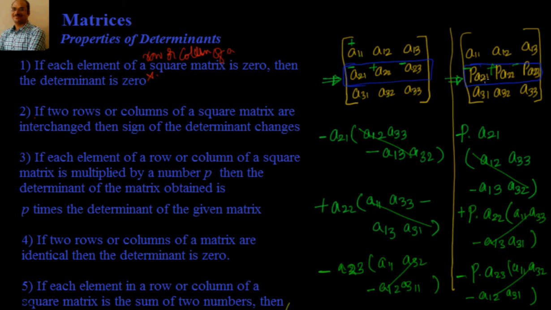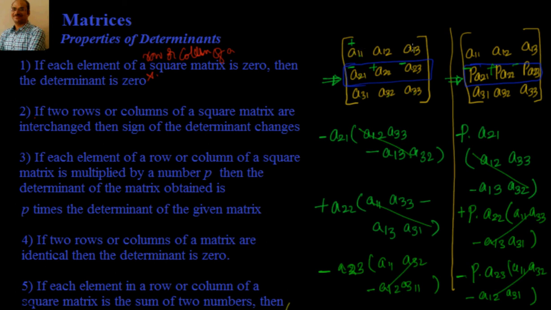You are exactly at the same position, only you have multiplied with some scalar like k or p. So you can see that if a row or a column is multiplied by a number, then the determinant becomes that number times the original determinant.